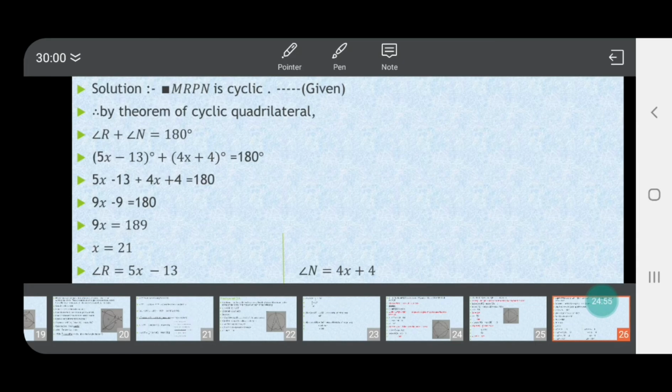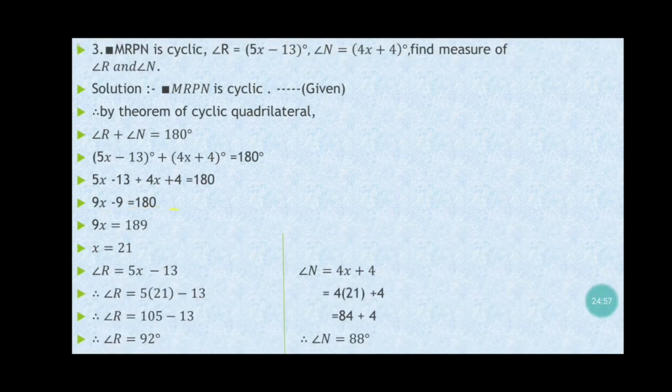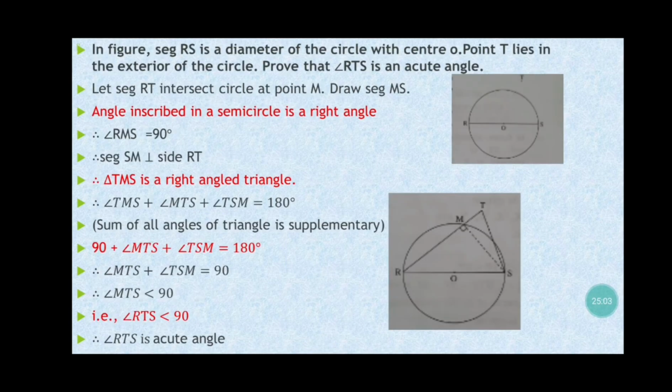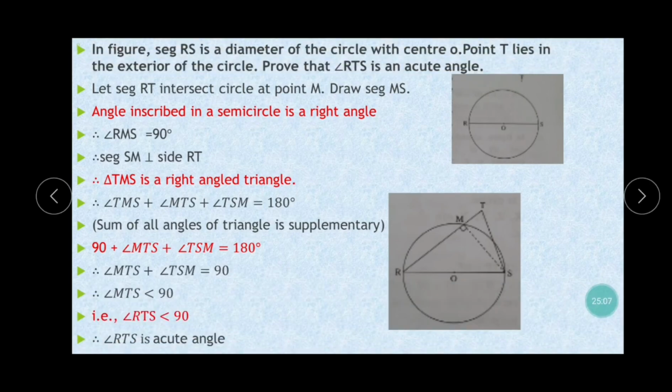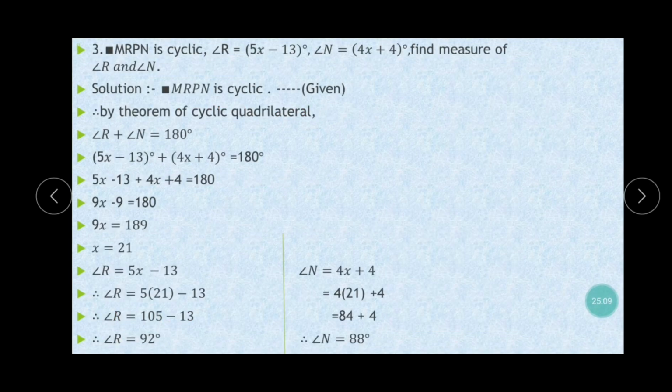I'll open the bracket. So it is 5x minus 13 plus 4x plus 4 equal to 180. So here 5x and 4x will be added. So it turns out to be 9x, and minus 13 plus 4 is minus 9.